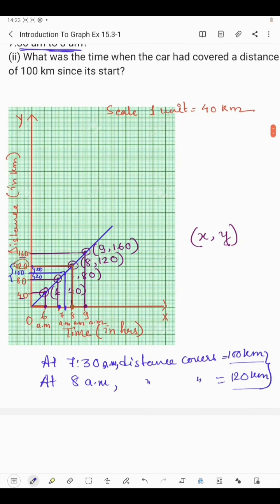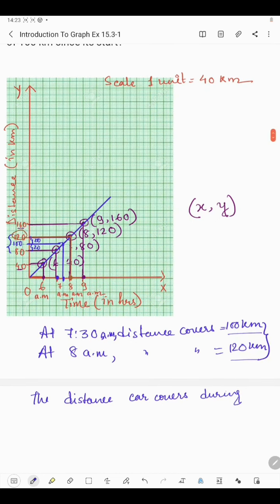So we'll write, the distance the car covers during 7:30 am to 8 am is 120 minus 100, is 20 kilometer. Okay.